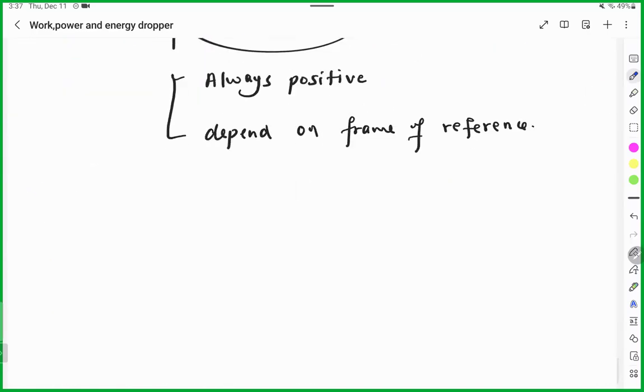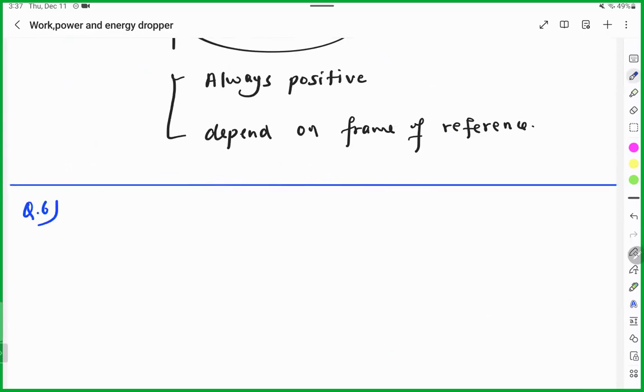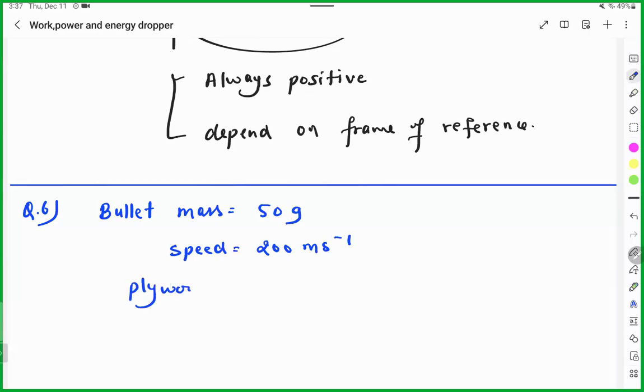Question number 6. In a ballistic demonstration, a police officer fires a bullet of mass 50 gram. Speed of the bullet is 200 meter per second, on soft plywood of thickness 2 centimeter.